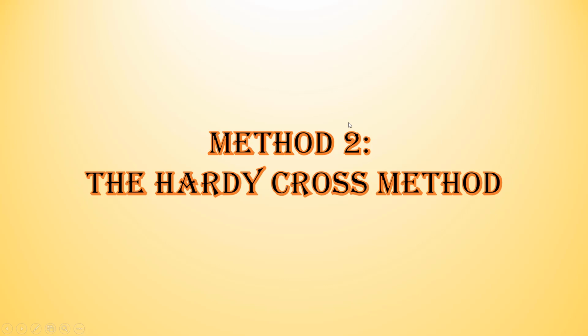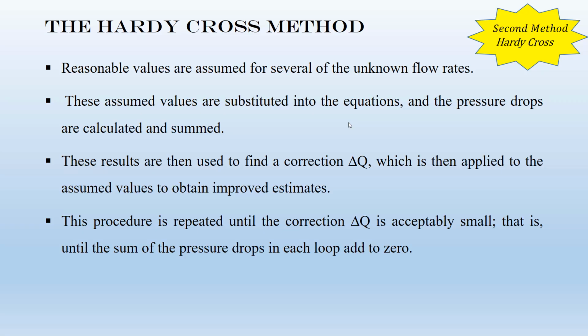So the second method is the Hardy-Cross method. What is the Hardy-Cross method? In the Hardy-Cross method, again, we use an iteration method. However, in this method, we start from the Q's. We can assume 2 or 3 Q's, and then by using the continuity equation, you can find all other Q's.